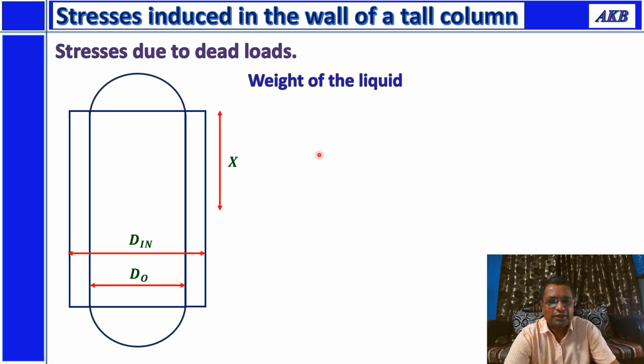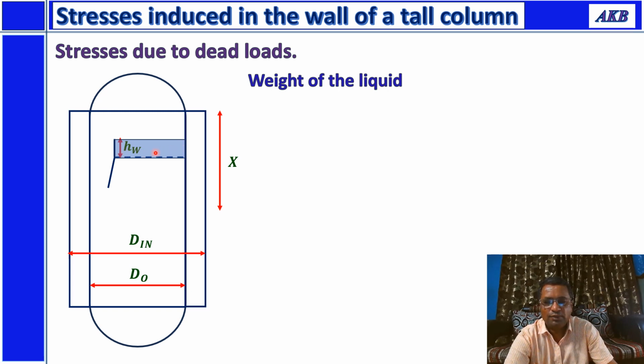The other dead load that you have to consider is the weight of the liquid. For that, let us understand the concept. I'm showing a tray over here. This will be the outlet weir for that tray, and this will be the downcomer. Let us say the height of the outlet weir is hw, and now you have the tray, you have liquid on the tray, and we are concerned about the weight of this liquid.